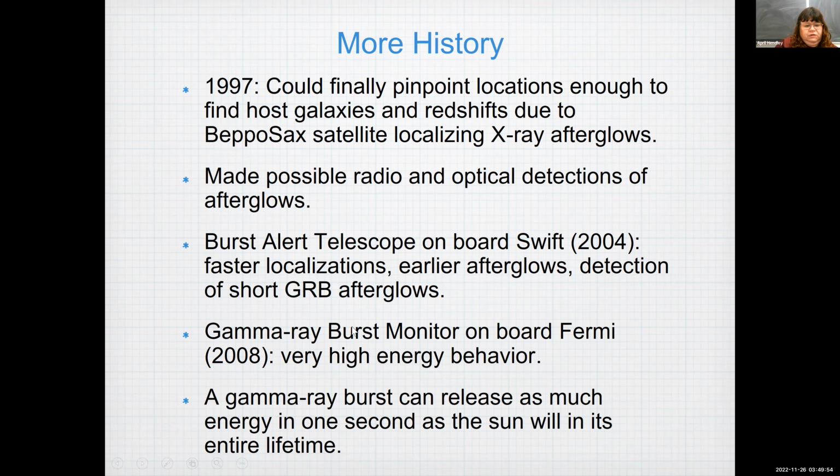Then there's the Gamma-ray Burst Monitor on board Fermi, which could get very high energy behavior. Gamma ray bursts can release as much energy in one second as the Sun will in its entire lifetime.